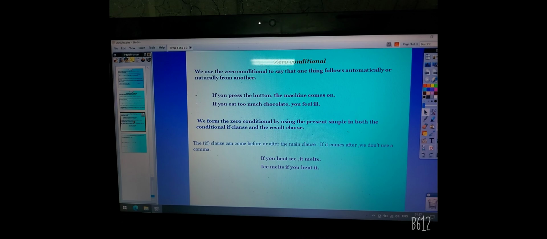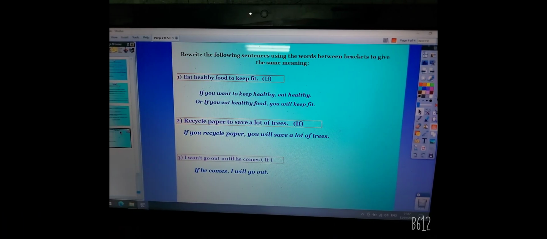We form the zero conditional by using the present simple in both the conditional if clause and the result, as we said before. Like the sentence, if you heat ice, it melts, and melts, not melt, because it is a singular pronoun. If we want to put if in the middle of the sentence, we say ice melts if you heat it. I think it's so easy, zero conditional and first conditional.